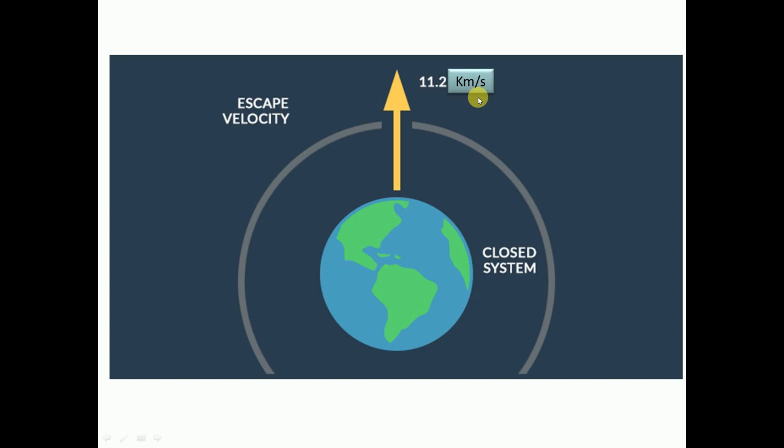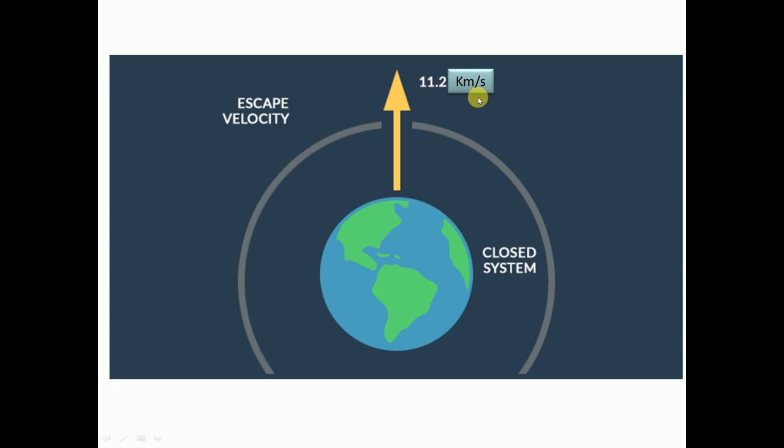So if you want your ball not to come back to the earth, you have to throw it at a speed of 11.2 km per second. This velocity is called escape velocity, because this velocity helps you escape the earth's gravitational field.